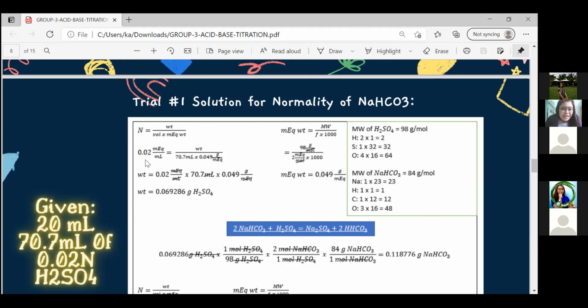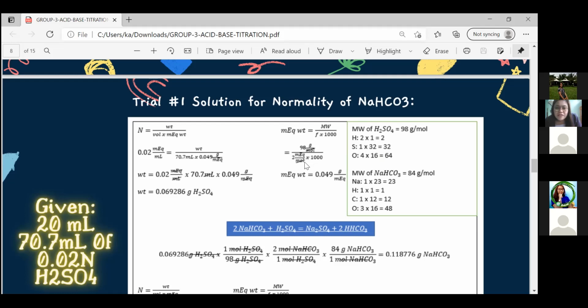So for sulfuric acid, this one is the computation for the milliequivalent weight. The molecular weight of our sulfuric acid is, yes, 98 grams per mole. While the F, this is also correct too. Kasi, remember, sulfuric acid is an acid, and for acid, the F is the number of replaceable hydrogen. So naay duha ka buok nga hydrogen si sulfuric acid, that is why 2.